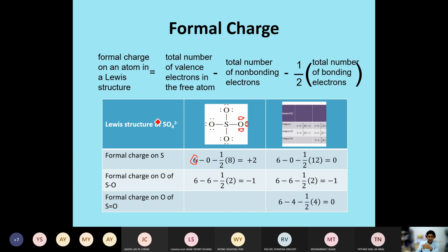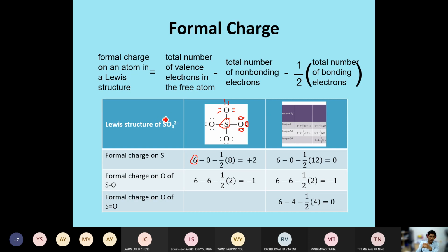So on every oxygen there are 6, right? 1, 2, 3, 4, 5, 6. Every oxygen atom has 6 non-bonding electrons, but sulfur does not have any, at least we are not showing any here. And by not showing, we can satisfy 24 electrons on it.